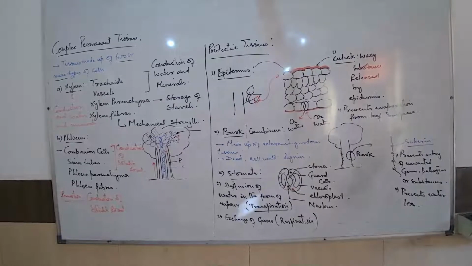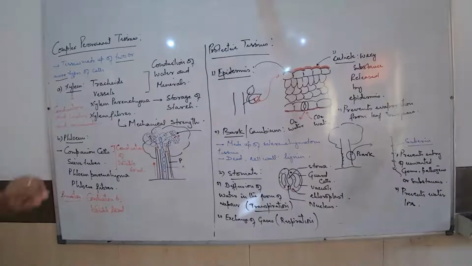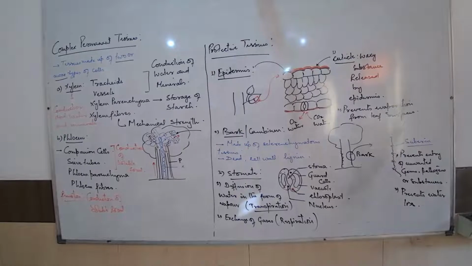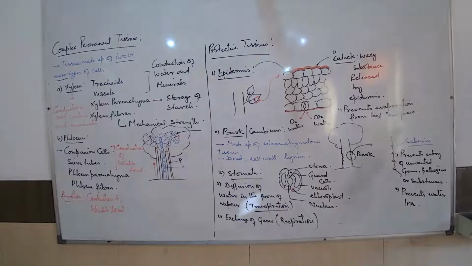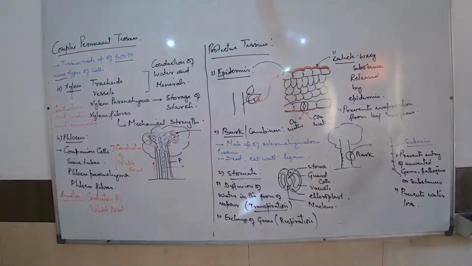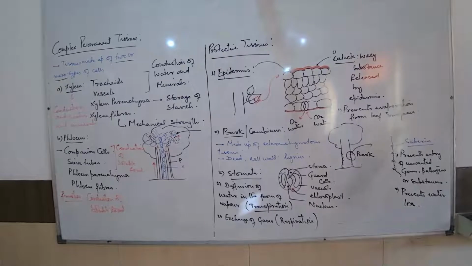Next, number 4. Name the xylem elements. They are also called elements. The pronunciation is not elements, it's elements.